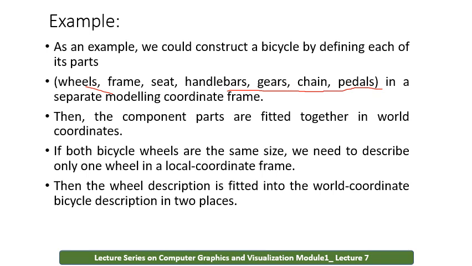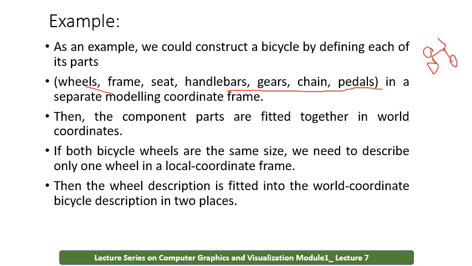Once all these components are fitted together in world coordinates, they form a bicycle, for example two wheels, a seat, a handle and so on. All these parts are fitted together, and this is called the world coordinates.